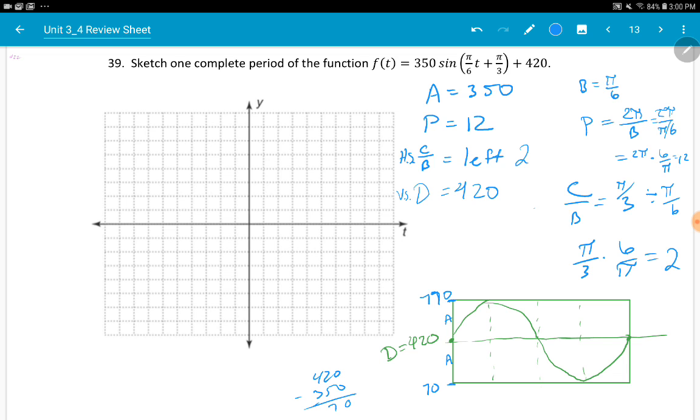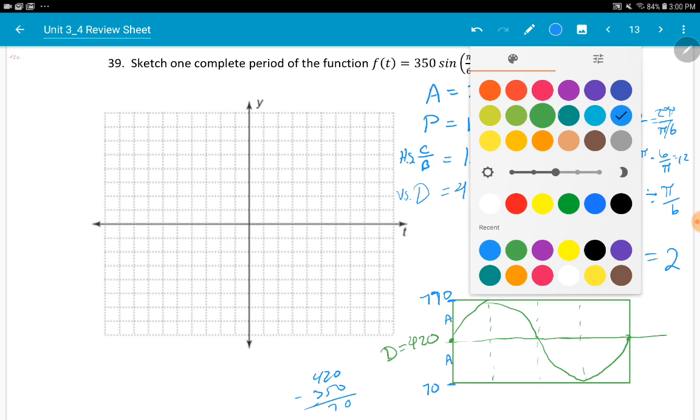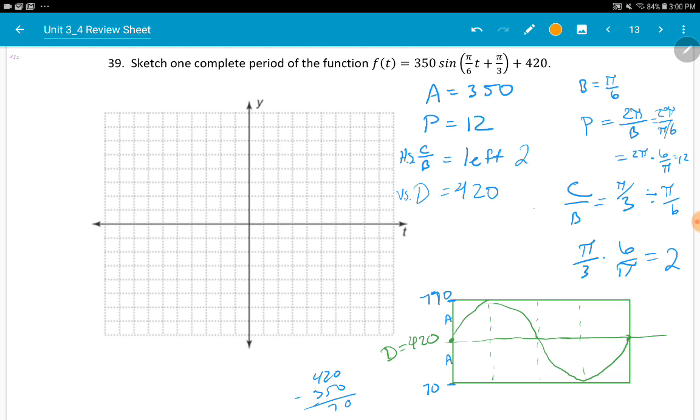And let's see, I got the center line, max and min. I need to figure out the period. It says sketch one complete period. Our period is 12, so I'm going to label my axis 12. If I hadn't shifted it, there's no horizontal shift, I would go from 0 to 12.